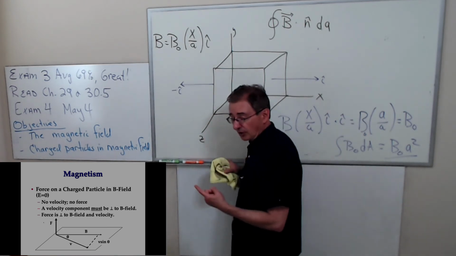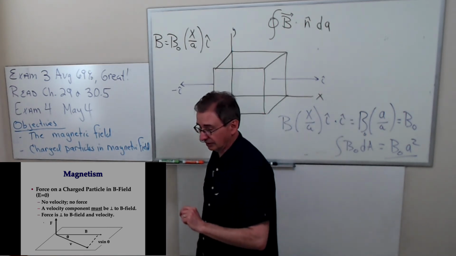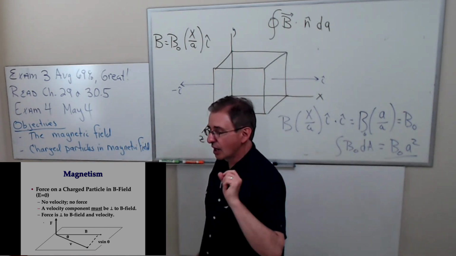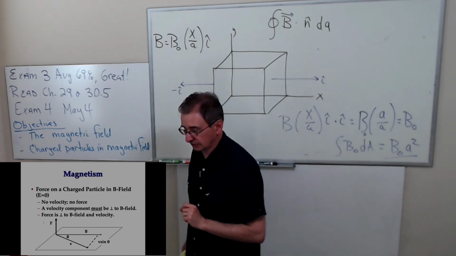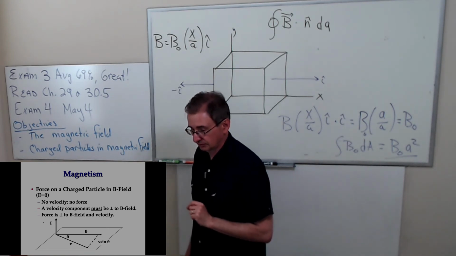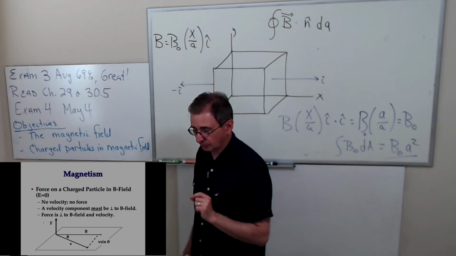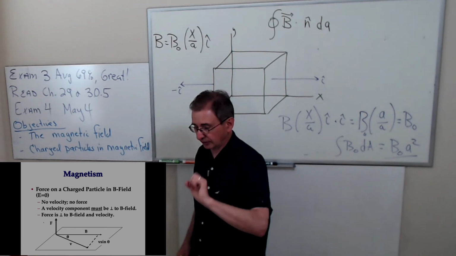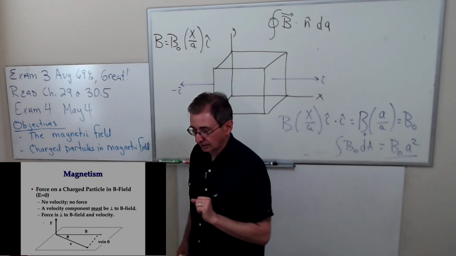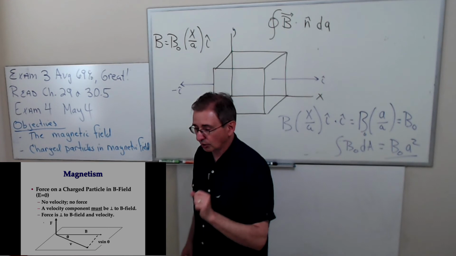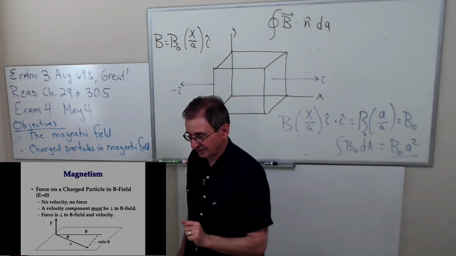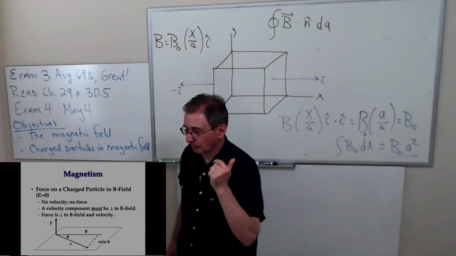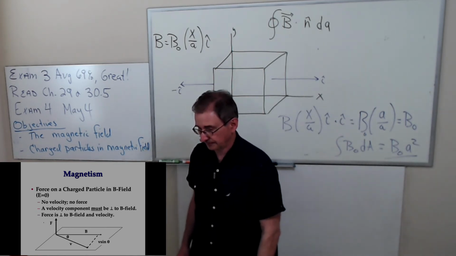It's going to experience a force if it's moving and it has a component of its velocity perpendicular to the magnetic field. If you put a charged particle in a magnetic field, and there's no electric field, that charged particle will only experience a force if it's moving and its velocity has a component perpendicular to the magnetic field.